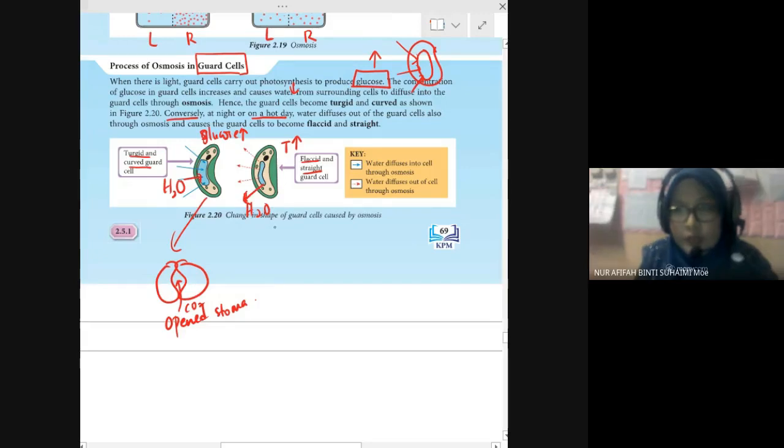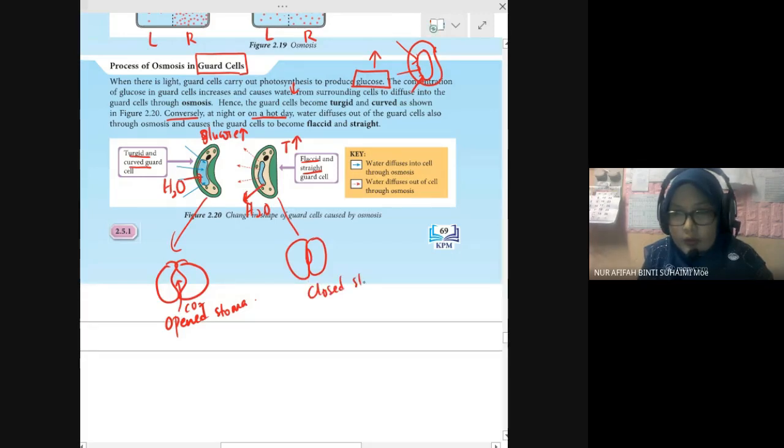Okay, and then this one, closed stoma. So less exchange of gases or no exchange of gases. Right. Dah tutup dah.